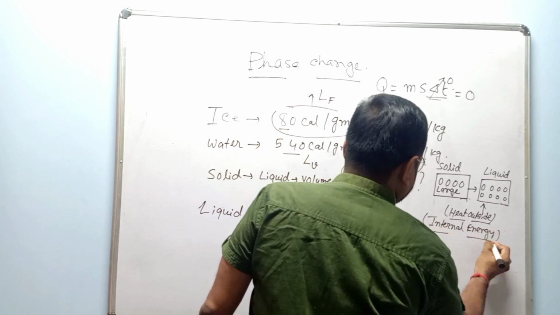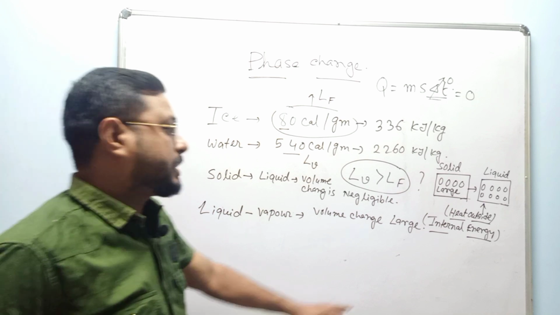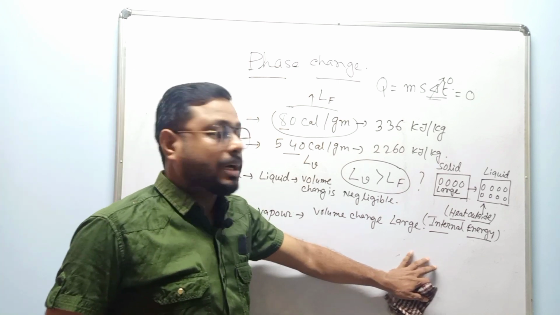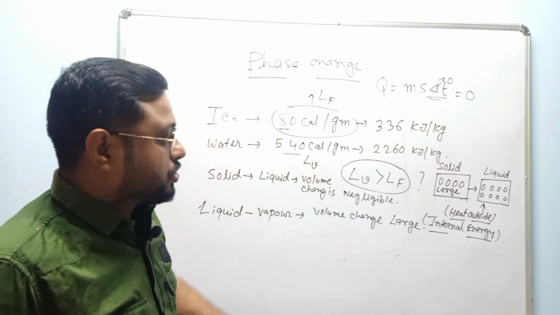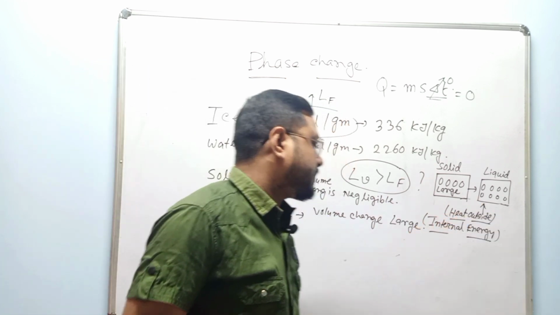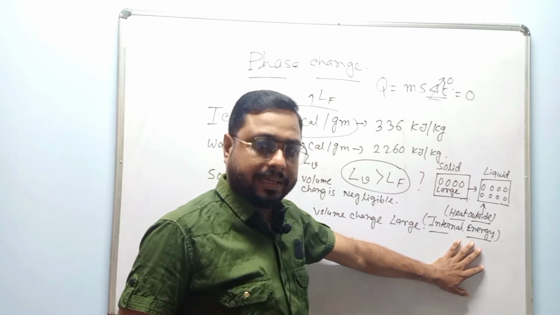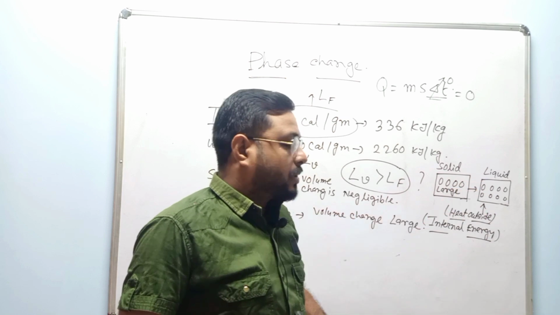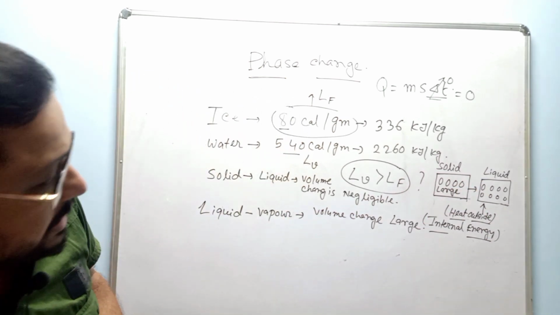We know that for an ideal gas, the energy is only kinetic energy, there is no potential energy. So the heat given from the outside only increases its internal energy. So it is not measured by the thermometer, it does not change any temperature.